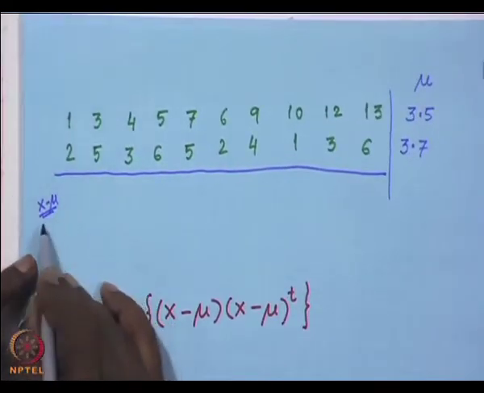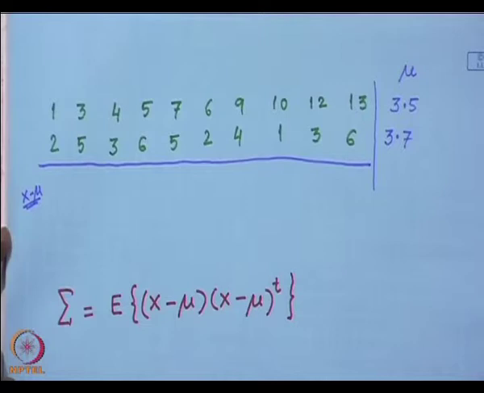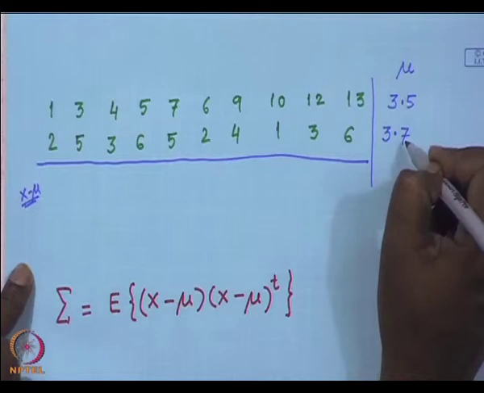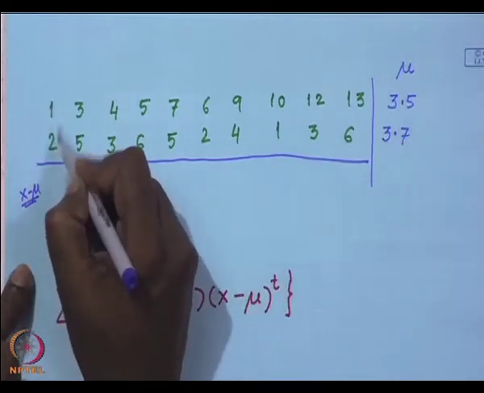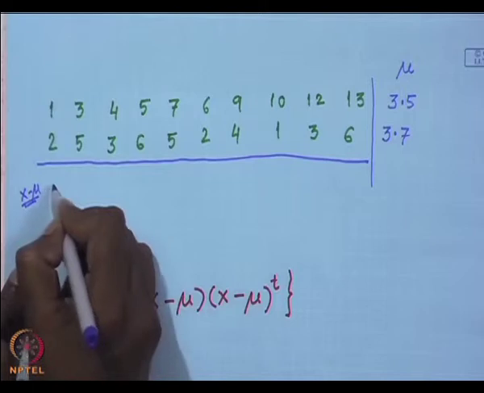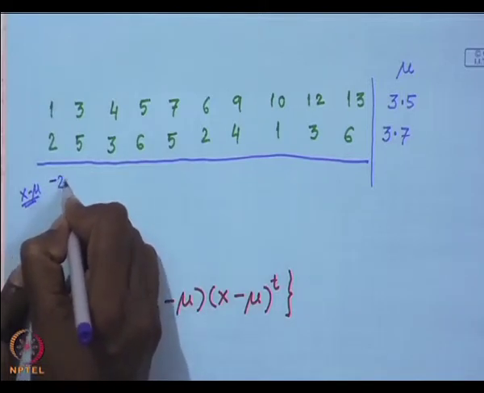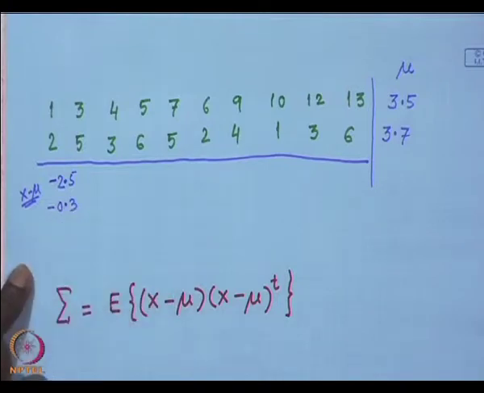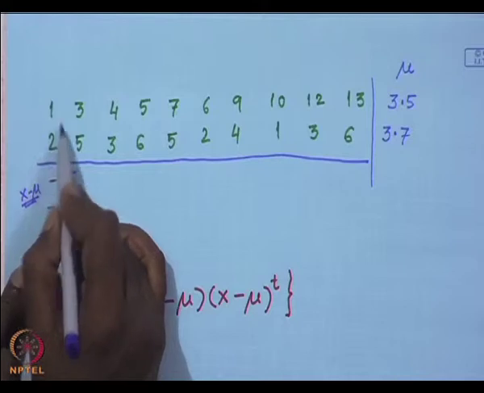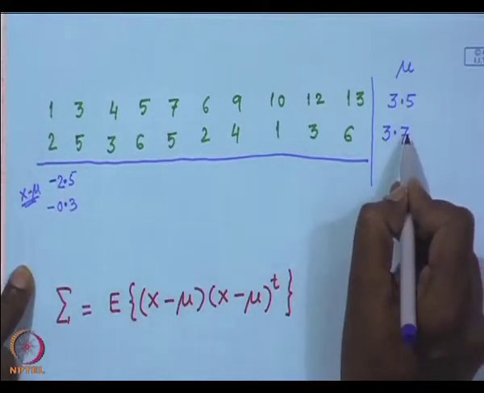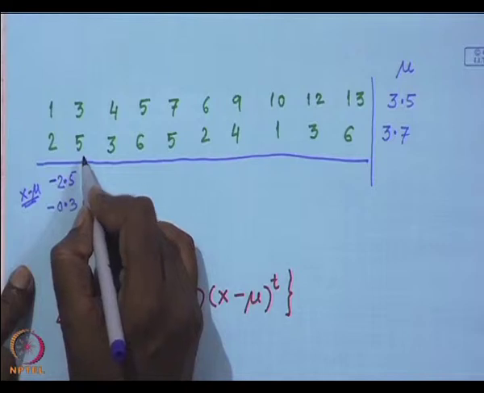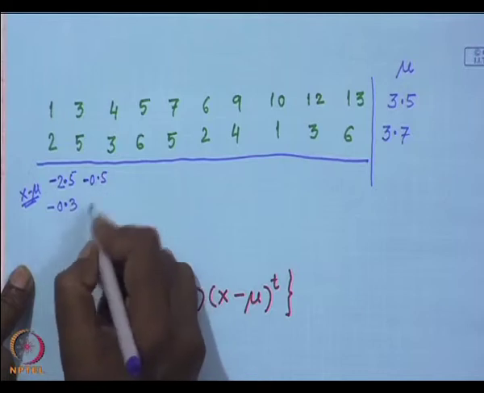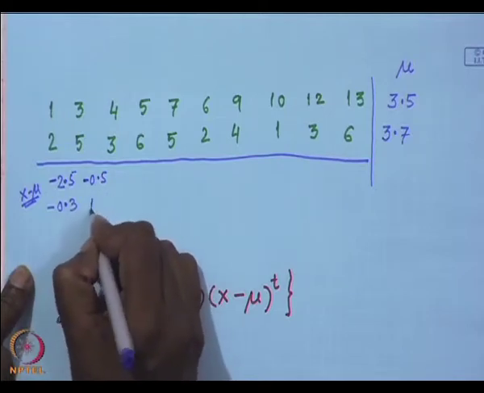So, here you find that when I subtract this mean vector mu from the first feature vector which is (1, 2), this will simply be (minus 2.5, minus 0.3)... I mean, this is the first feature vector minus the mean vector. For the second feature vector, it will be (minus 0.5, 1.3).